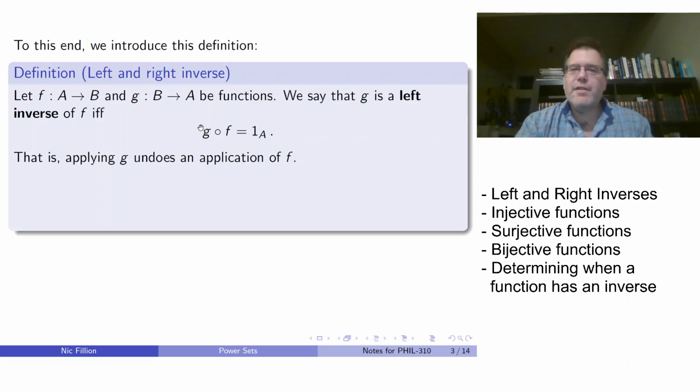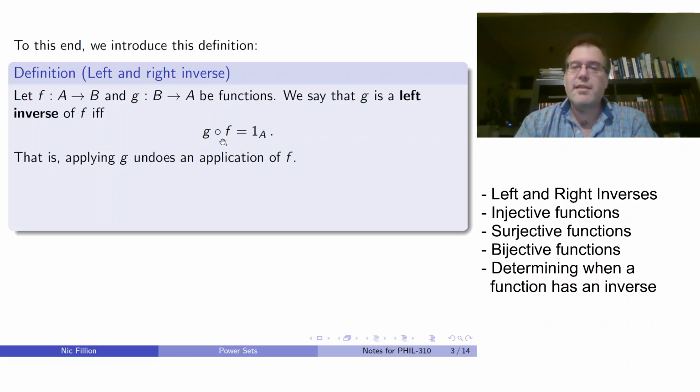And what we have is that if we take an element X of the domain of F, which is in A, we apply F to it, and then afterwards we apply G, then it returns that object X. So applying G after we apply F is the same as applying the identity function of A. So that's the precise sense in which G undoes what F does.